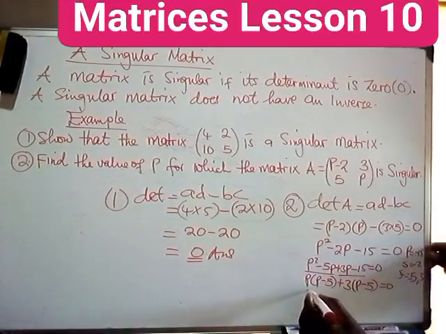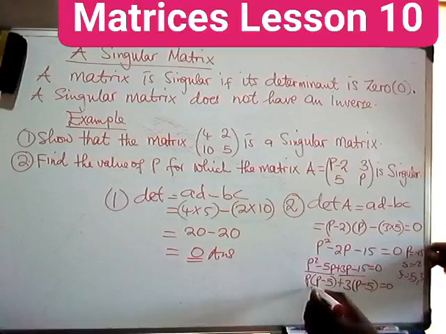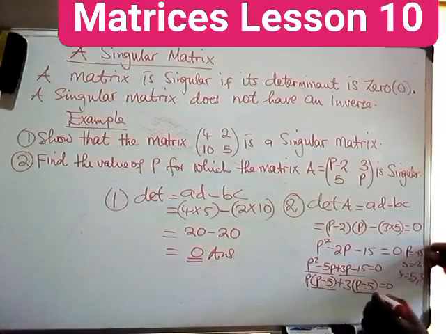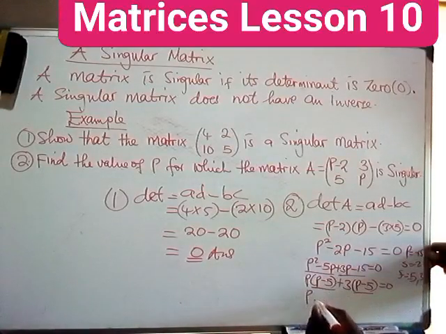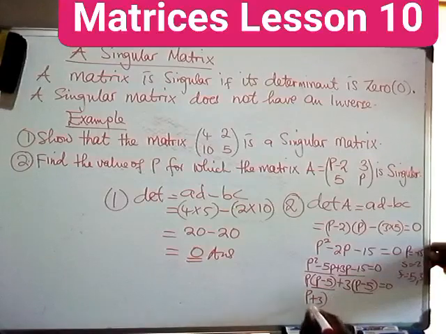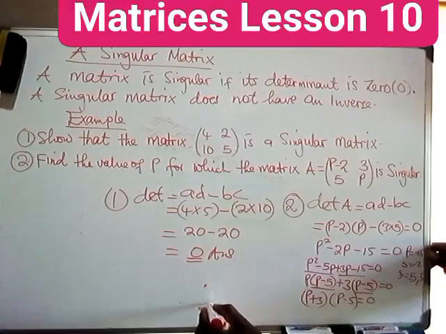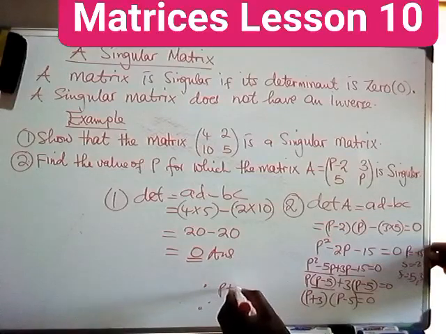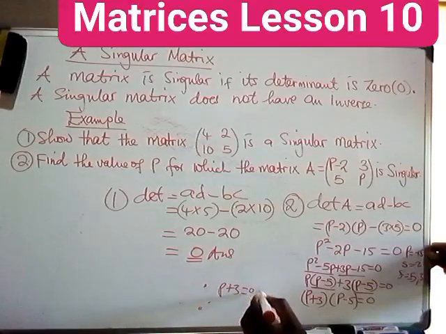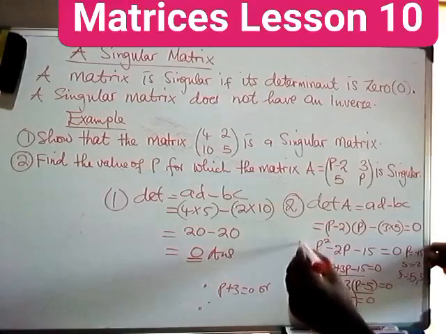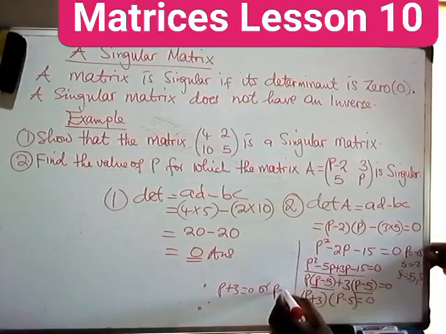Now we factorize these, since the ones in brackets are the same. So we are going to have P plus 3, then the other one will be P minus 5 is equal to 0. Therefore, we are going to say P plus 3 is equal to 0, or P minus 5 is equal to 0.